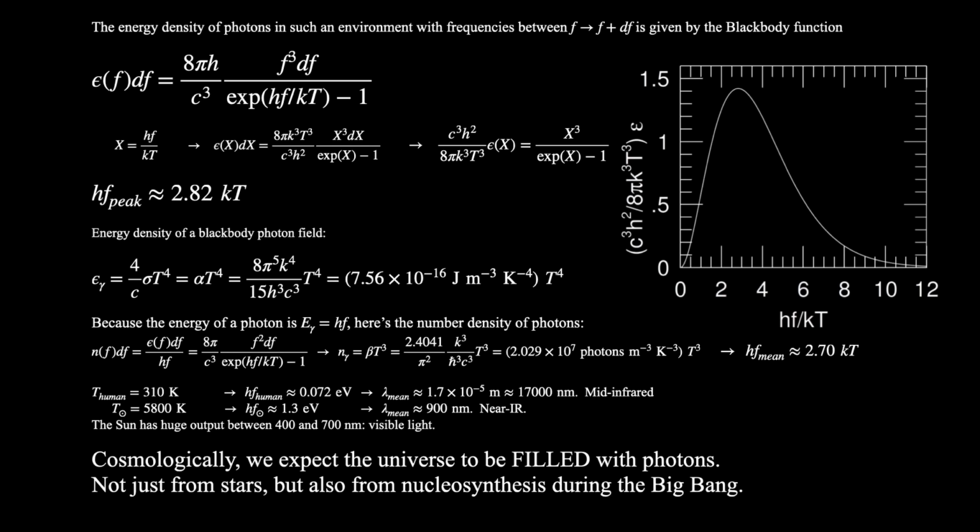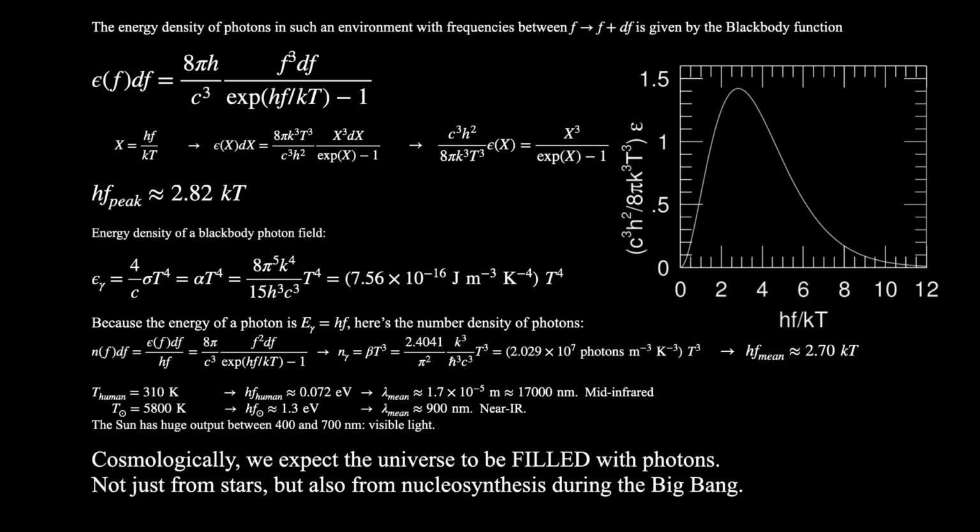But notice the units. It's 7.56 times 10 to the minus 16 joules per cubic meter per Kelvin to the fourth. So this is an energy density. And the energy density depends on a constant times the temperature to the fourth power. So if you have twice as hot a gas of photons, it will have 16 times the energy density.